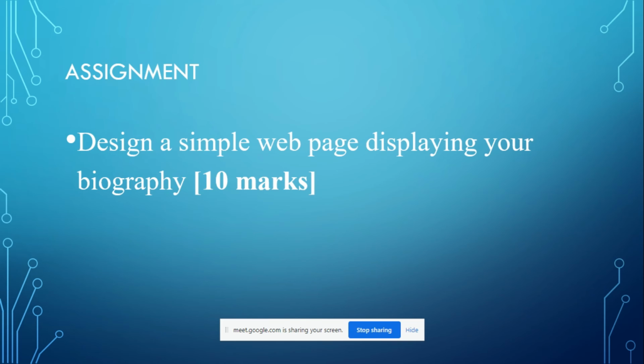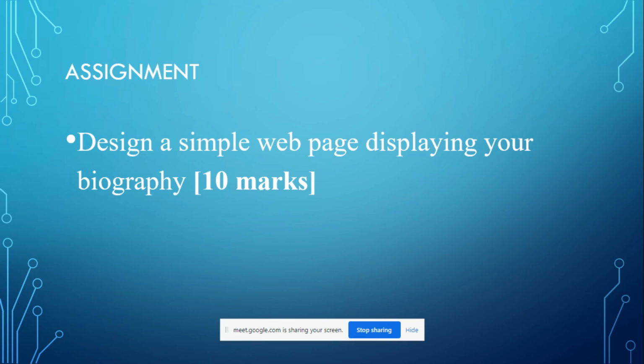Now I'll give you a simple assignment, that is a practice exercise that you'll do while at home. Design a simple web page that displays your biography. A small hint, just as you've seen in our previous page, I want it to be as simple as possible. Include your name, your date of birth, education, that is where you went to primary school, your high school, and the college.